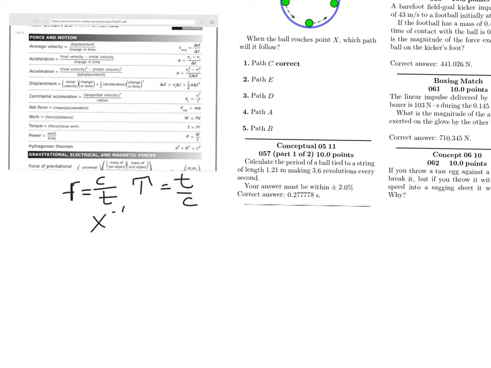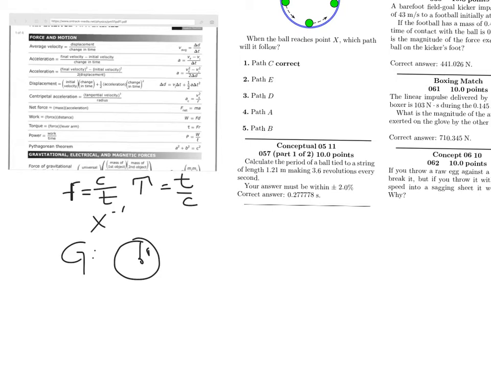So in problem 57, what are our givens? The length of the string. If a string is spinning in a circle, the length of the string is acting as the radius, so that's the r.